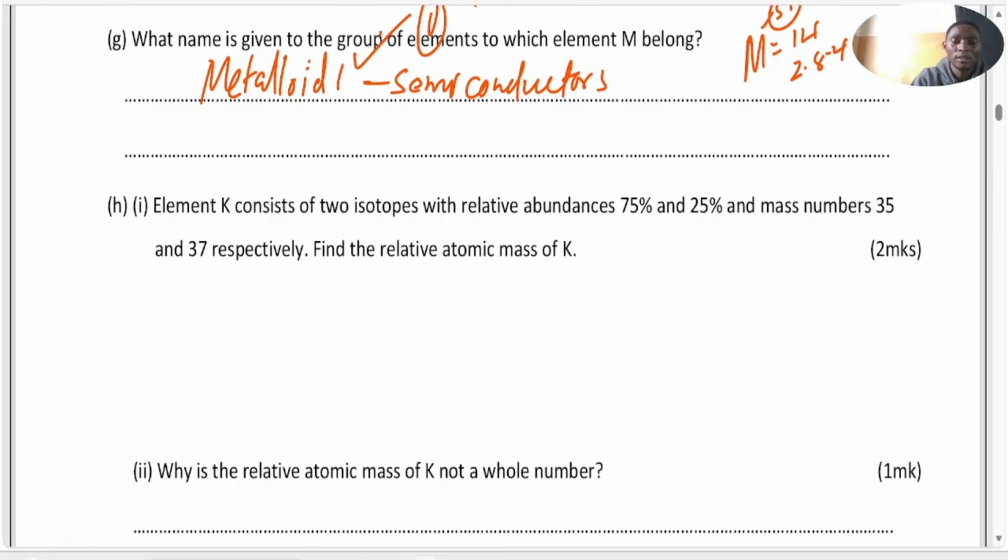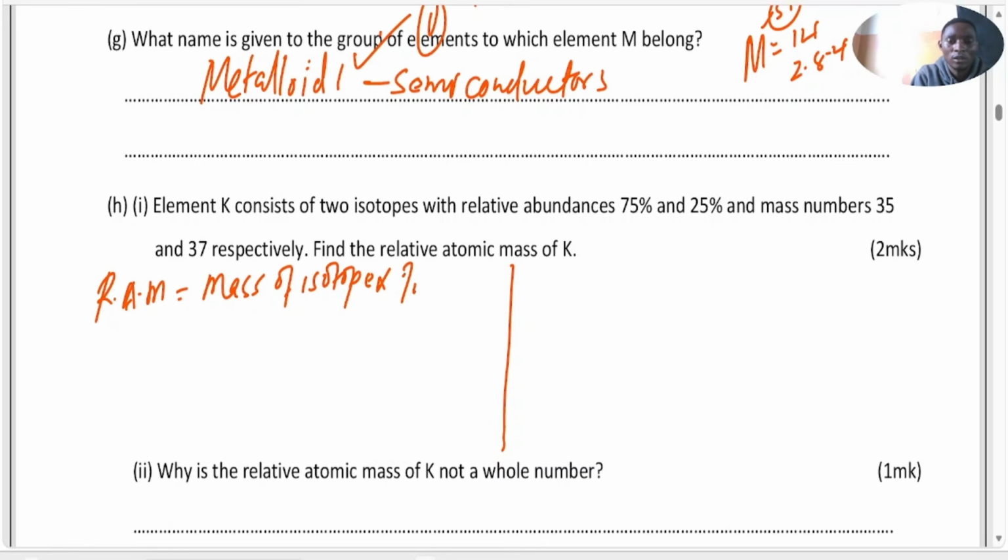We need to understand that the relative atomic mass is given by the mass of the isotope multiplied by the percentage abundance, and then you divide by 100. So we are given the percentage abundances and the masses.